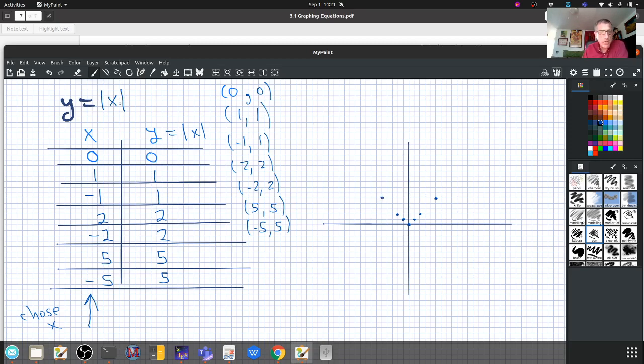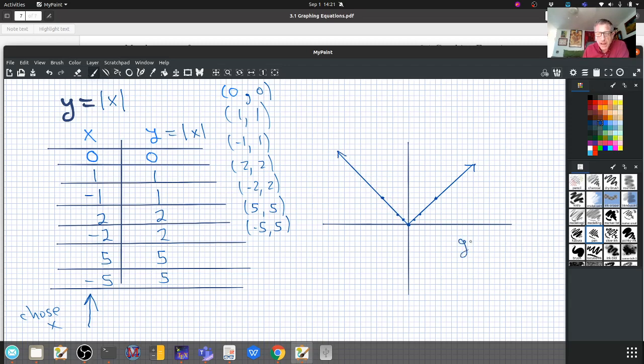Okay, so now when I draw a line through those points and another line through these points, I'm going to indicate that that's going to go on forever in that fashion.